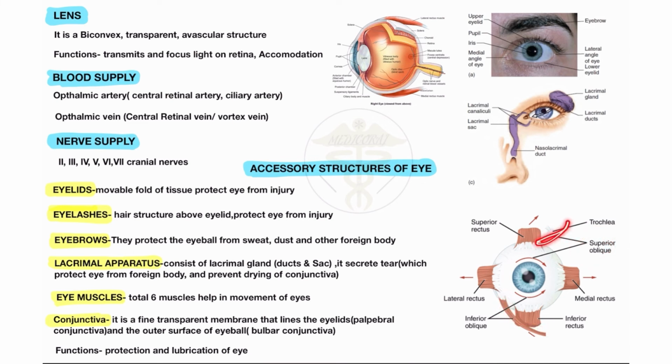So a total of 6 muscles help in the movement of the eye, and they attach to the sclera. I already discussed the sclera: its function is to help in the attachment of the muscles. This is the sclera, this is the iris, and this is the pupil. All the extraocular muscles attach to the sclera, so attachment of these 6 muscles is also a function of the sclera.